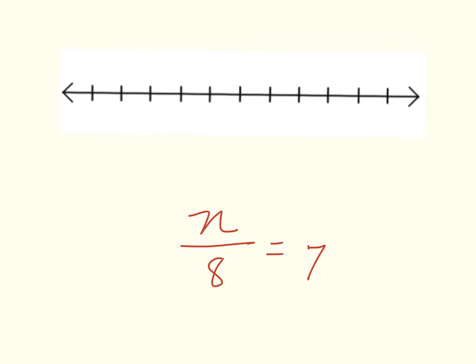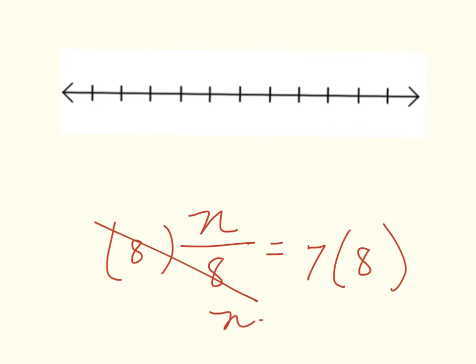Notice that I'm dealing with values that require that my number line be adjusted. So remember on the division, we show the opposite on both sides, which is times 8 times 8. And you can tell that now n is going to be 56. All right, how do I put n?